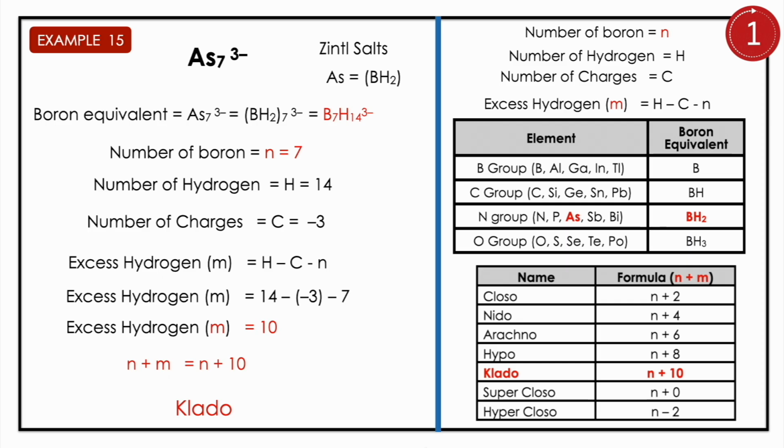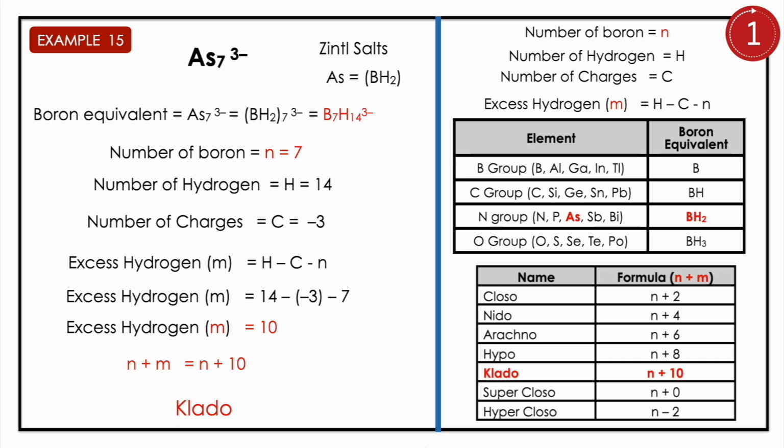So we should find the boron equivalent. Arsenic is in the nitrogen group, so the equivalent will be BH2. So if you substitute BH2 for arsenic, the formula becomes BH2 7 times 3 minus. If you rewrite it, you have B7H14 3 minus. The compound becomes simple borane.